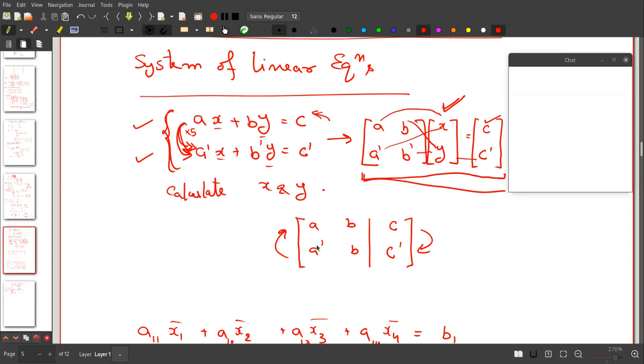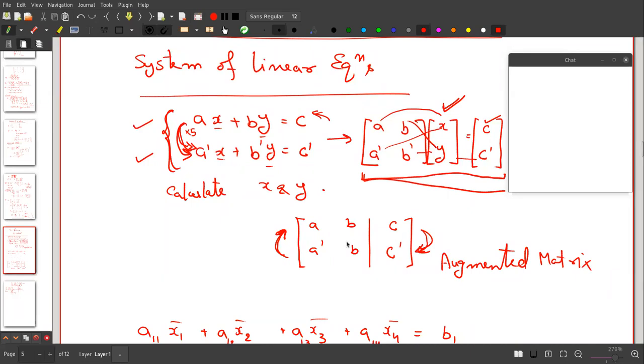So we'll do all the row operations in this form. We'll write a matrix in this form. This form is called augmented matrix, or augmentation matrix. People call it augmentation matrix.